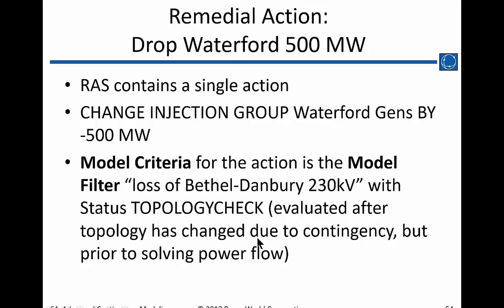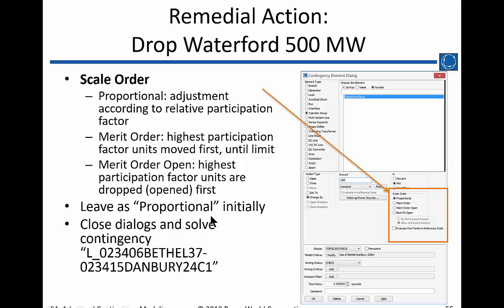That can be important because if the action associated with this model criteria is so vital that not doing it would result in a failure of the power flow, then you'd want to evaluate it before the power flow is solved. So that's what topology check does. And again, there's more detail on those different options for status later.